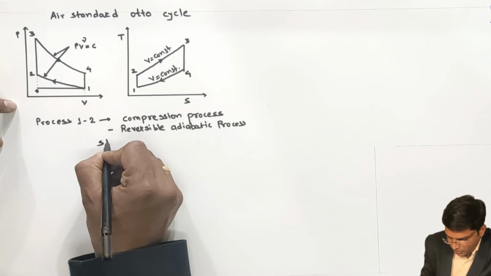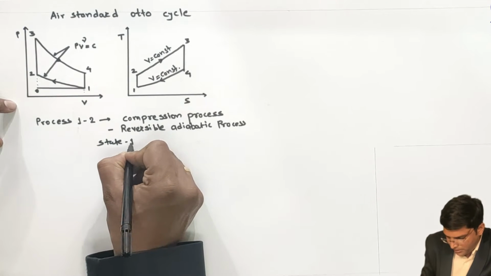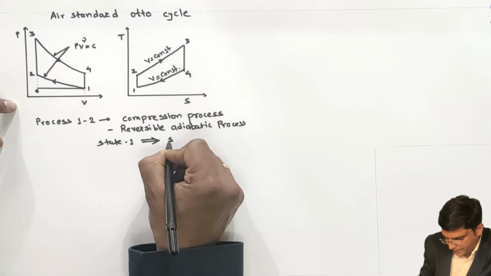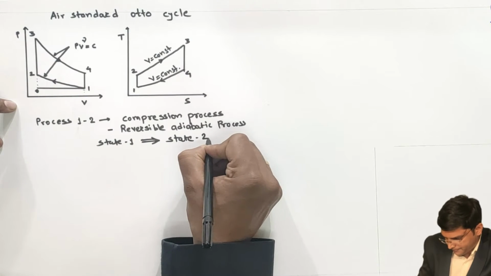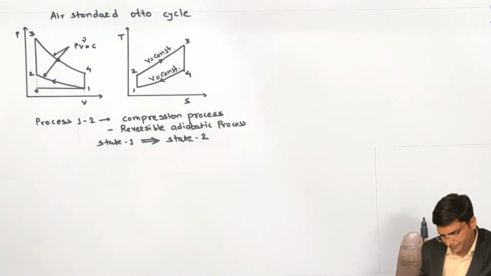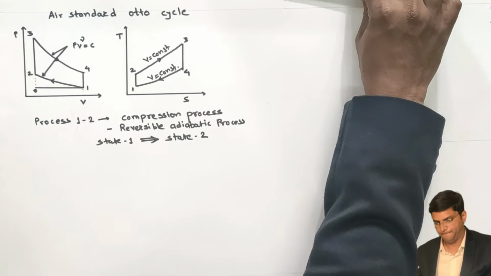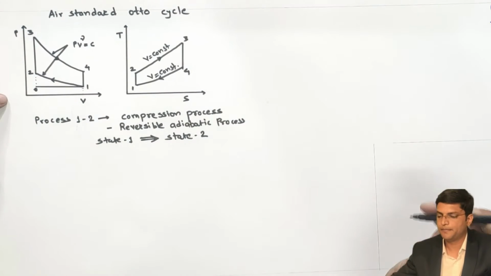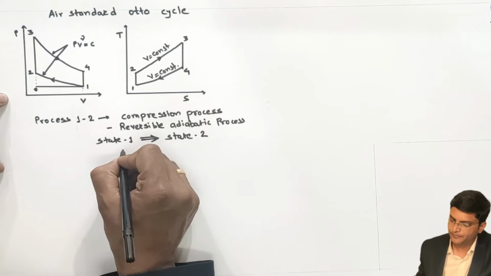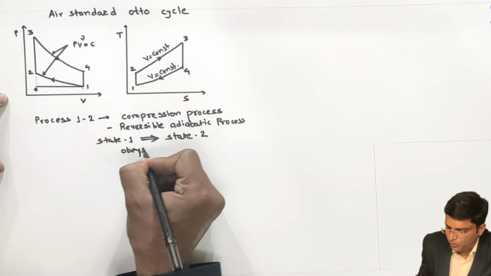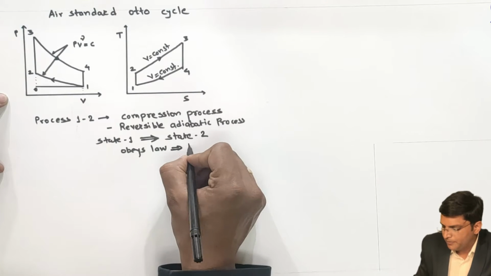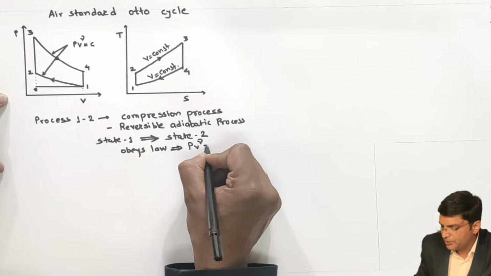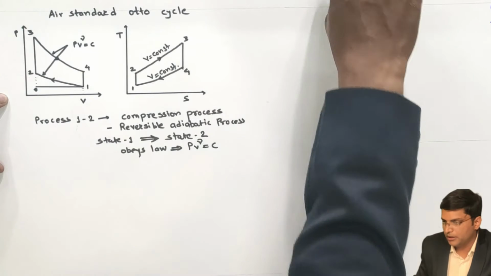The fluid goes from state 1 to state 2. It also obeys the law PV raised to gamma is constant.